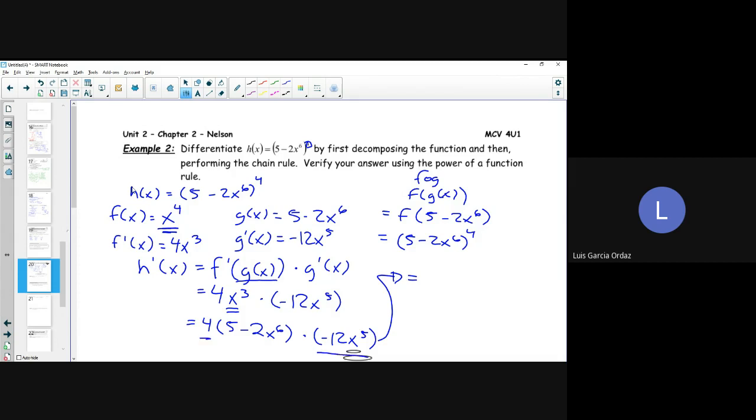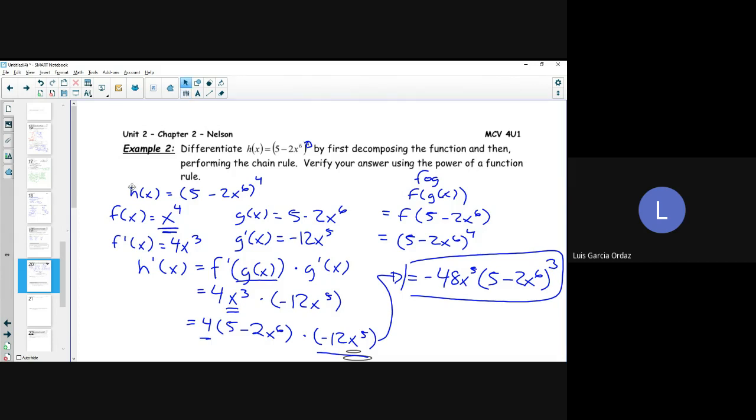I'm going to multiply these two, which gives me negative 48x to the power of 5 times 5 minus 2x to the 6, all to the power of 3. Is everyone fine with example number 2?